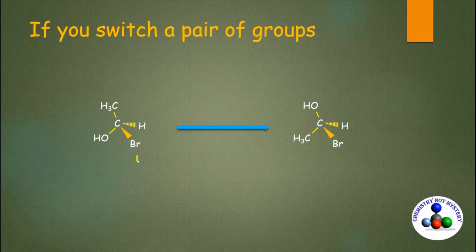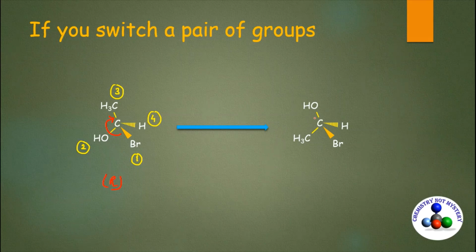Bromine will get the first priority, OH will get second, methyl will get third priority, and hydrogen will get the fourth priority. Now, draw an arrow from first priority to the second priority. So we can get an arrow in the right direction. So the configuration of this molecule will be R.